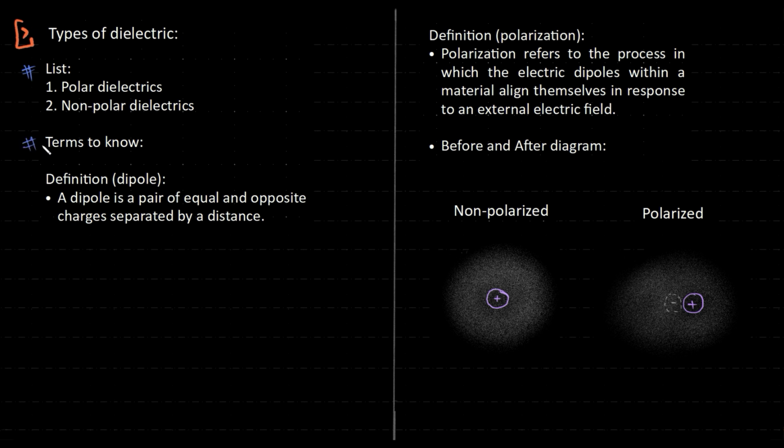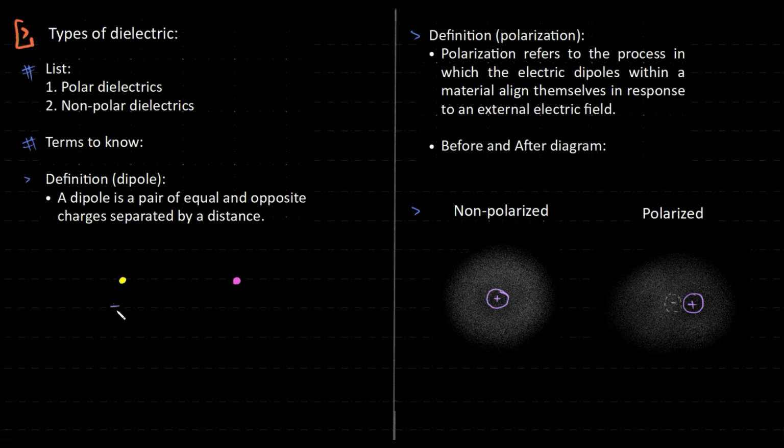First things first, let's recall the terms dipole, polar, polarization, and non-polar and polar atoms. We'll need all of them. So dipole is quite simple. We have a charge, and we have one more charge.